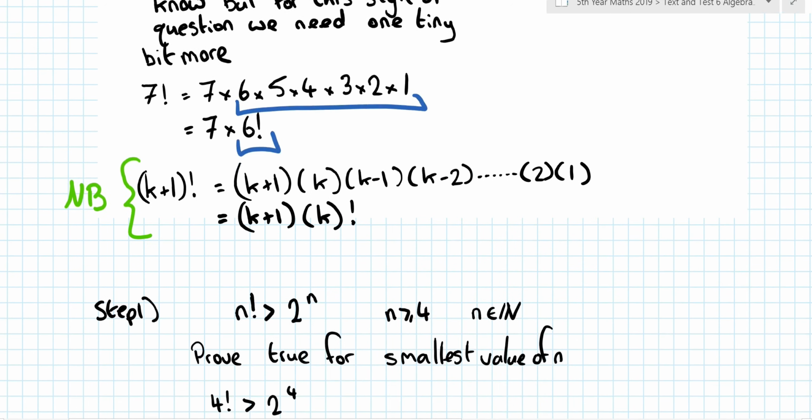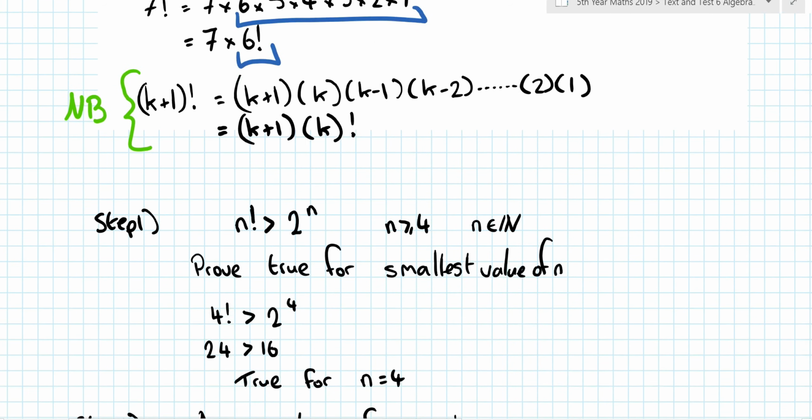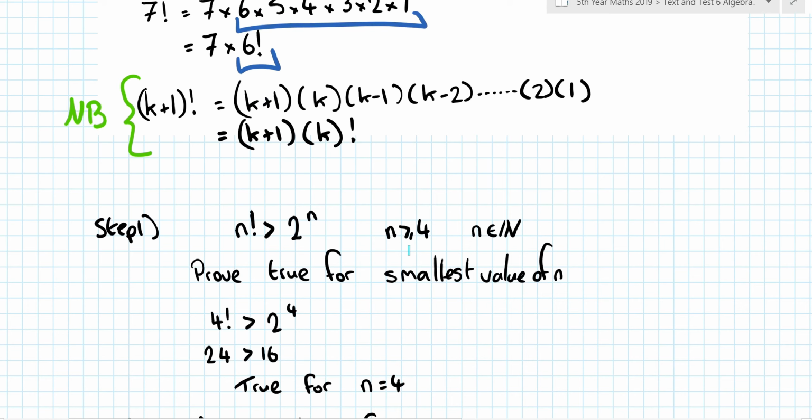Okay, so step 1, proving true for the smallest allowable n. n has to be greater than or equal to 4, and n has to be an element of the natural numbers. So we're going to prove true for the smallest allowable n, which is 4 in this case. So it's 4 factorial, and you can type that into your calculator.